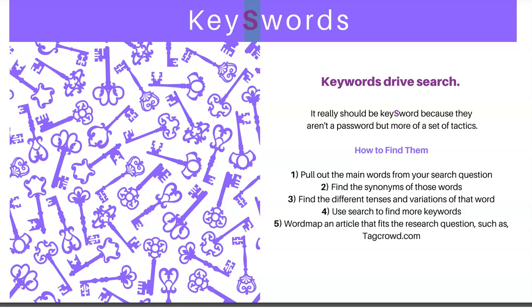Hey, you know what else you could do? Word map an article that fits your research question. You found a great article. You can find more than just keywords or variations of the words or synonyms to your words, or figure out how the main words of your search question fit into that article. You could word map an actual article to find more keywords, and what may be more important in the articles that you find to be the best may help you find other fantastic articles.